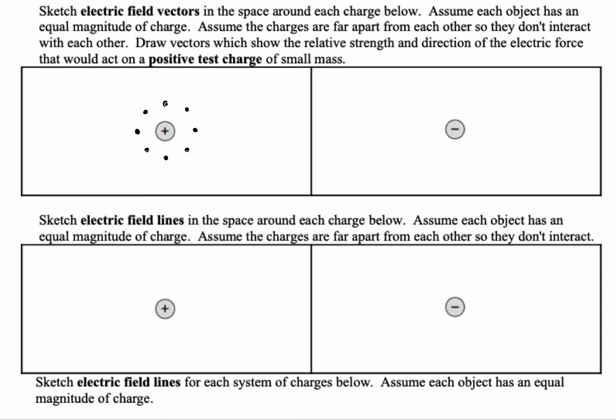So the field will point away from the positive charge. And that's what we want to draw, just the electric force that would be at these points if there was a positive test charge there to feel it. This is a drawing of the electric field.